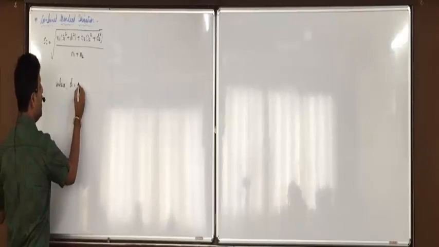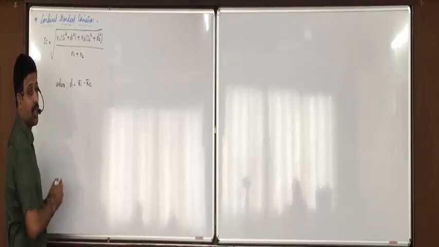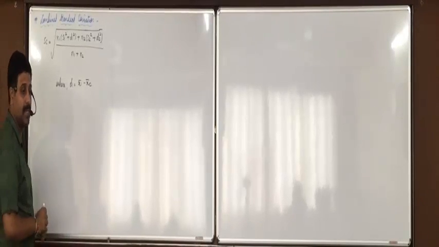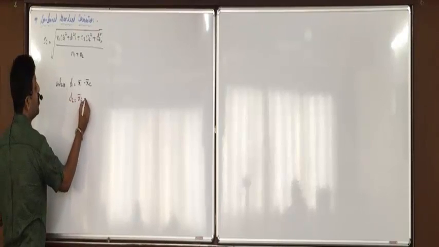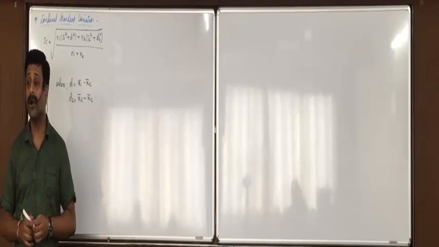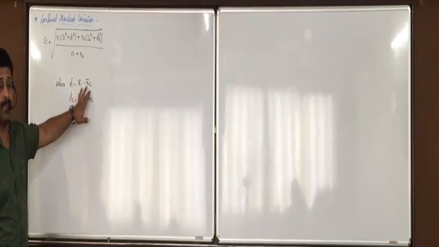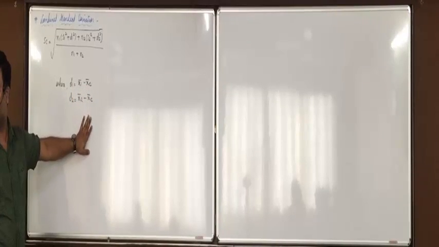So d1 means x1 bar minus x bar c, the deviation of the first group's mean from the combined mean. And d2 in the same manner will be x2 bar minus x bar c. Deviation of the first group's mean from the combined mean and deviation of the second group's mean from the combined mean.